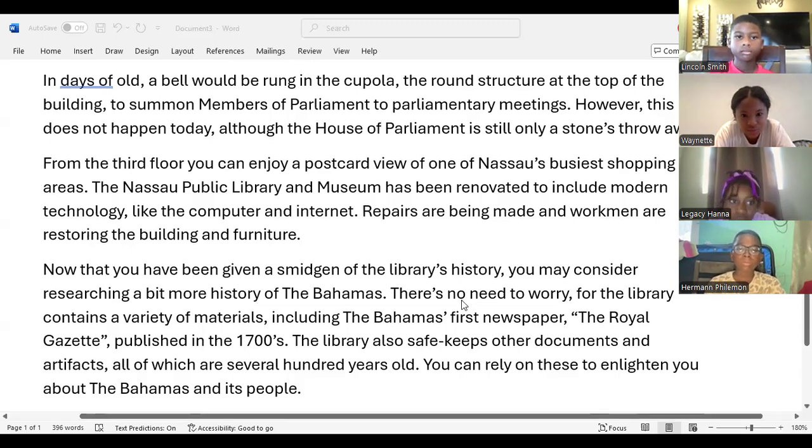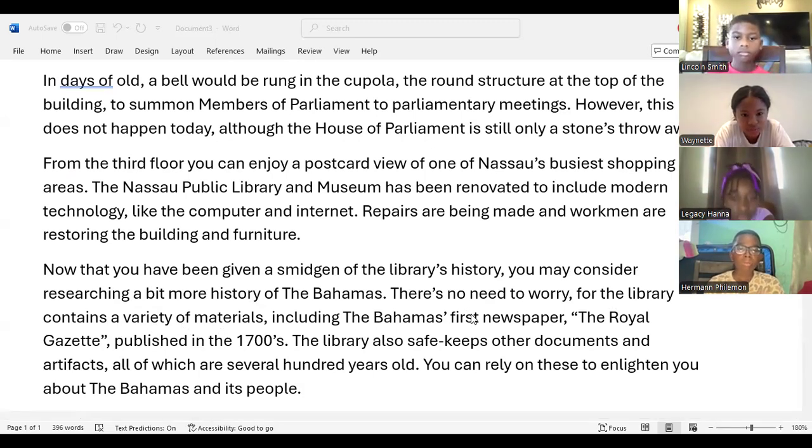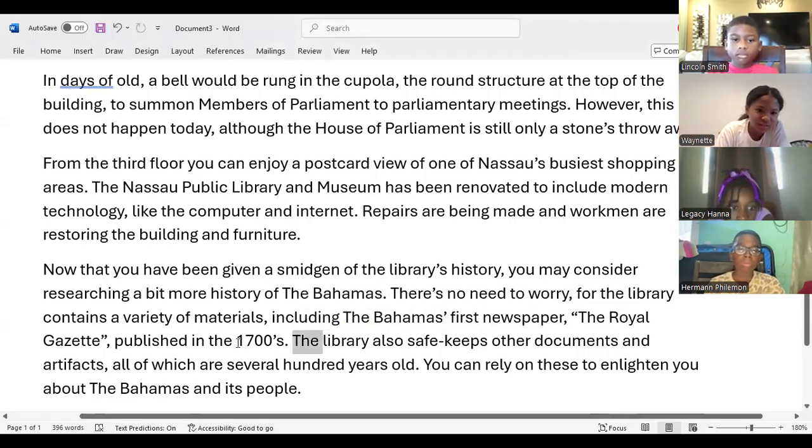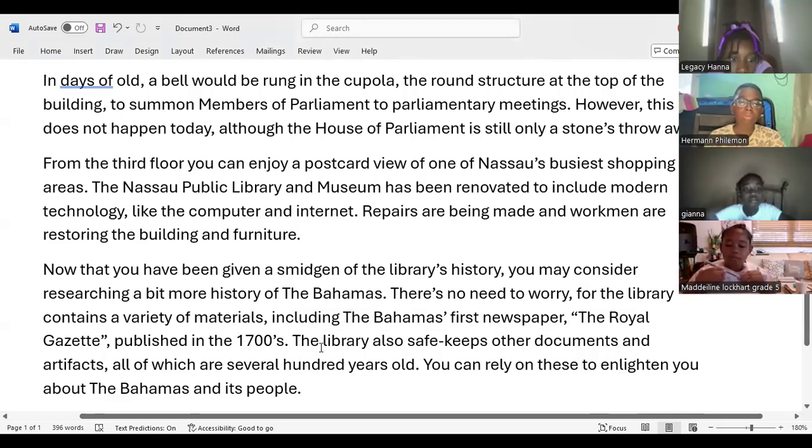There's no need to worry, for the library contains a variety of materials, including the Bahamas' first newspaper, the Royal Gazette, published in the 1700s.